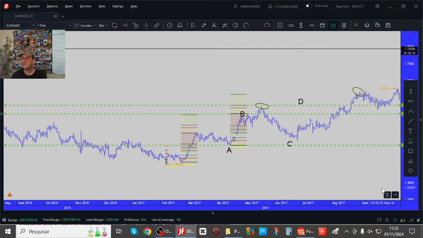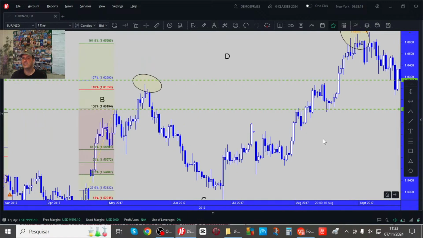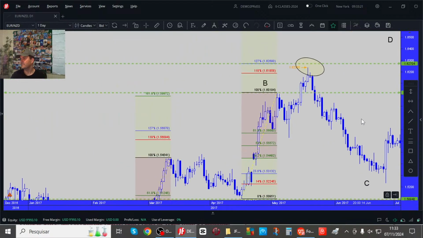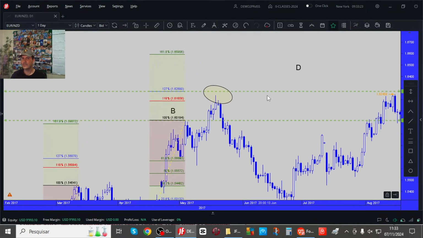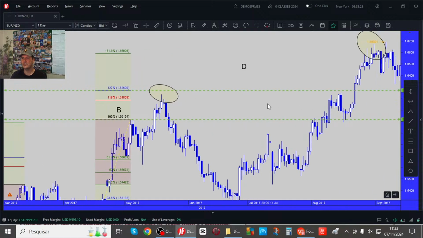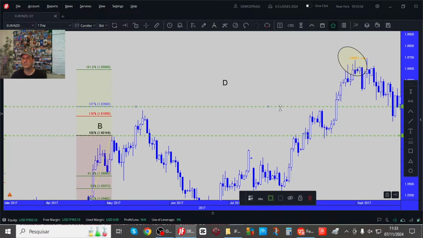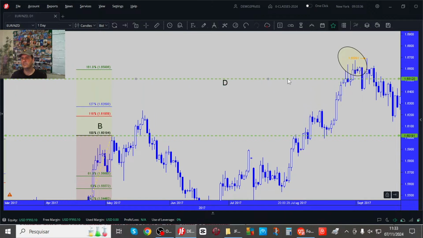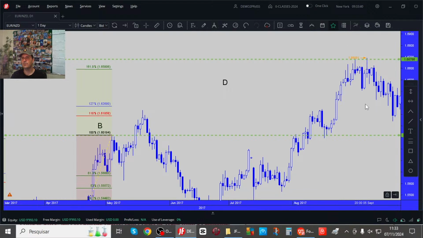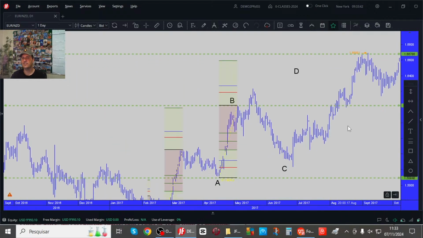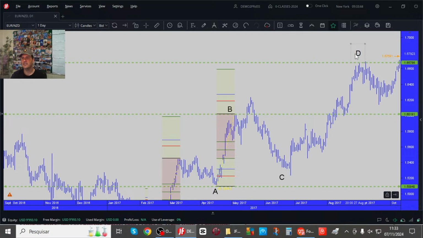You need to zoom in. The first circle didn't hit the blue, price action didn't hit the blue. The second circle didn't hit the blue, price action, no. So the third circle up in here, this is the appropriate D extension. That's the D up in here.